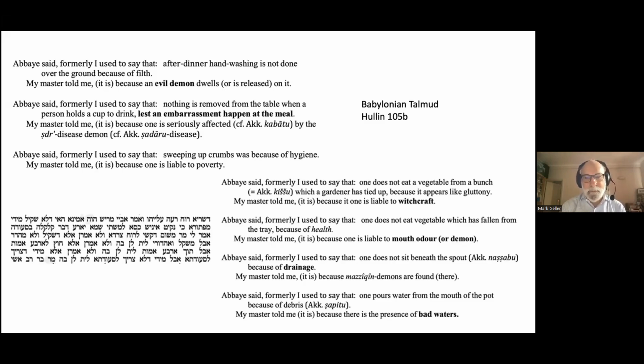It usually has to do with either demons or disease. And what's interesting is that in several of these cases, there are Akkadian cognates and even loanwords that are referred to by this master.